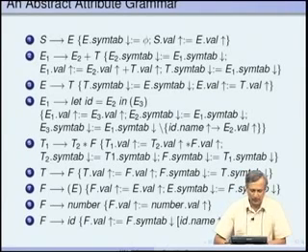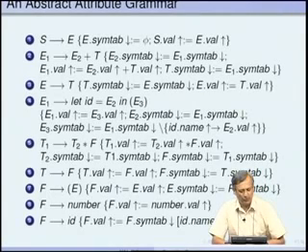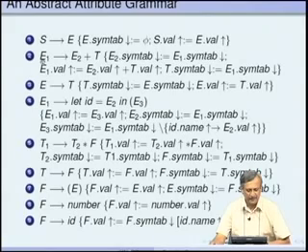Let us directly go to the next production E1 going to E2 plus T. E1 and E2 are two instances of the non-terminal E. So, whatever is inherited by E1, for example, here this is E1, it has a symbol table coming in, and that is given to E2 as the symbol table with which it should operate, and that is also given to T as the symbol table with which it should operate.